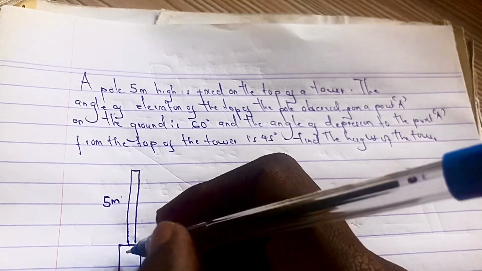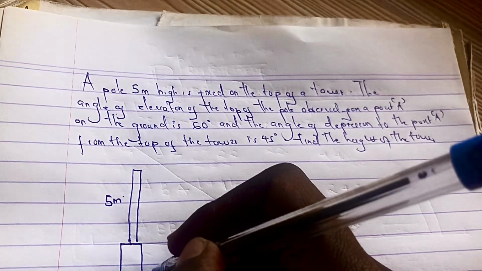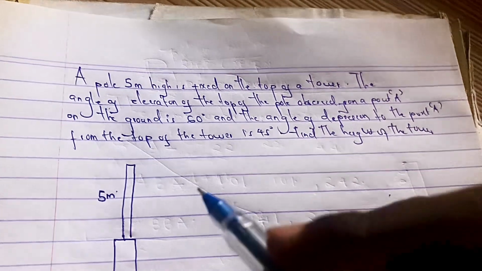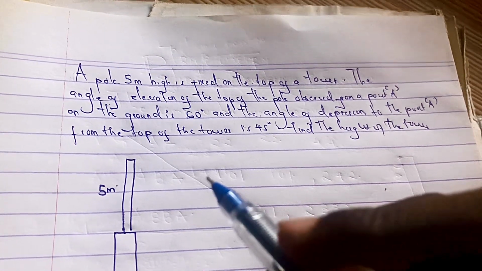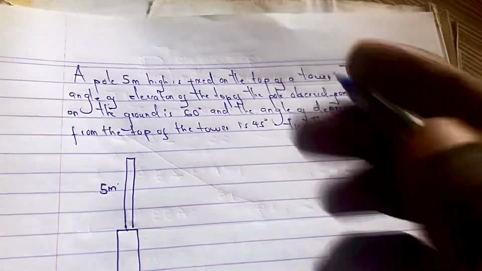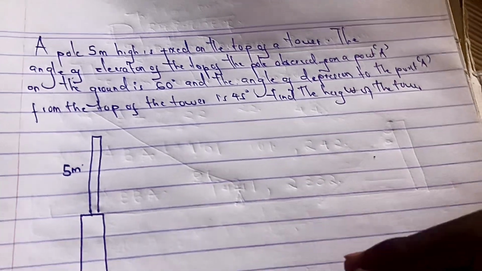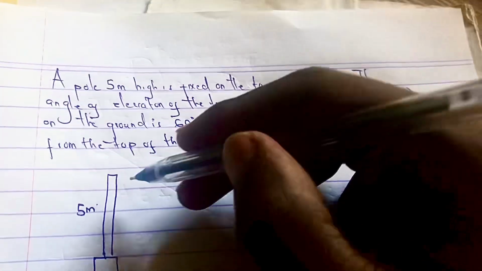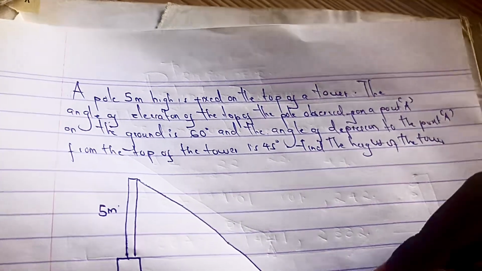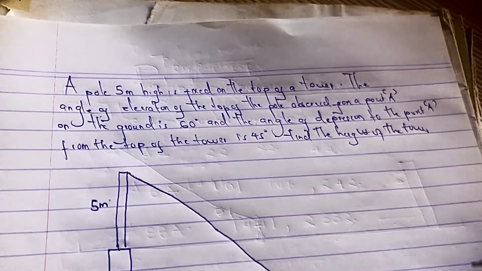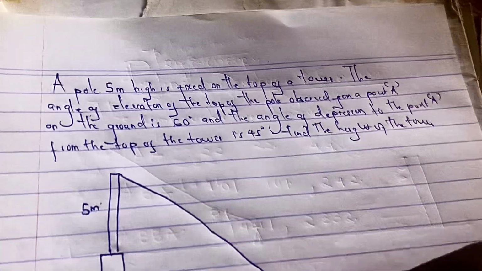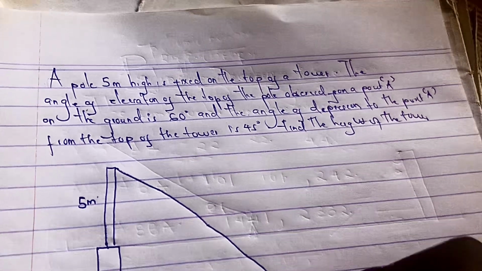This is our tower. The angle of elevation of the top of the pole is observed from a point A on the ground. This is the ground here. The angle of elevation to the top of the pole, from the ground at point A, is 60 degrees.